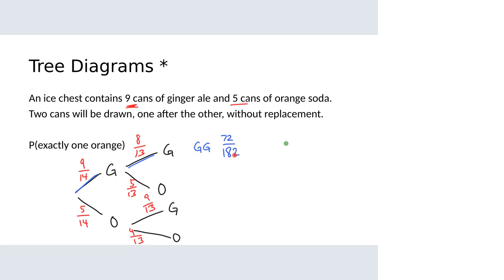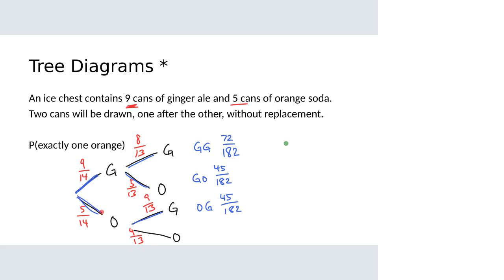Now we're going to do the same thing with the others. Ginger ale followed by orange is 9/14 times 5/13. So 9 times 5, that'll be 45 out of 182. Orange followed by ginger ale, 5/14 times 9/13. 5 times 9, that'll be 45 out of 182.